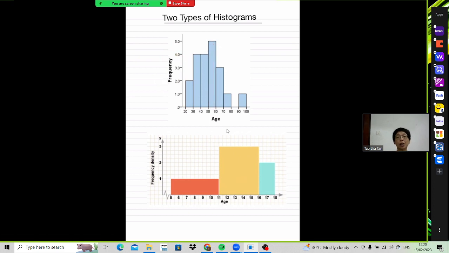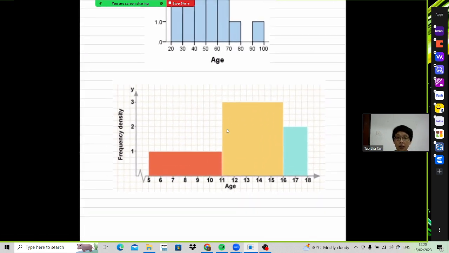This is the histogram that we learn in the junior years, probably at year 9. Now in KS4, we are learning the second type of histogram, and we notice that the axis is no longer showing frequency, therefore it is not as direct to plot the histogram.